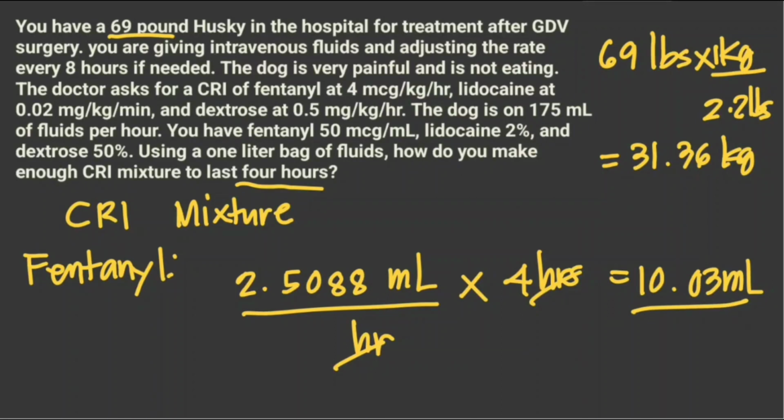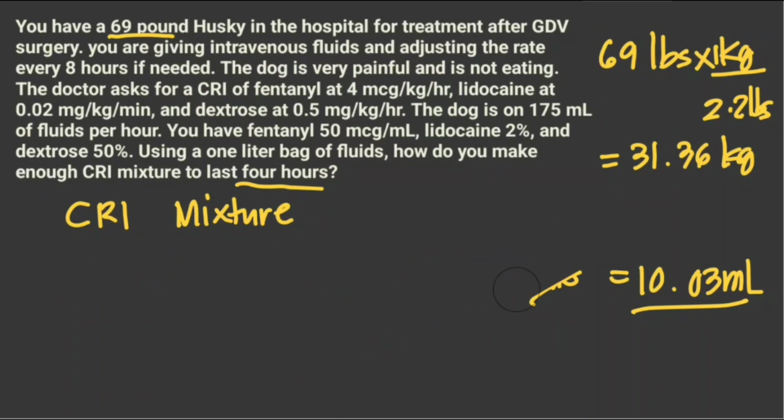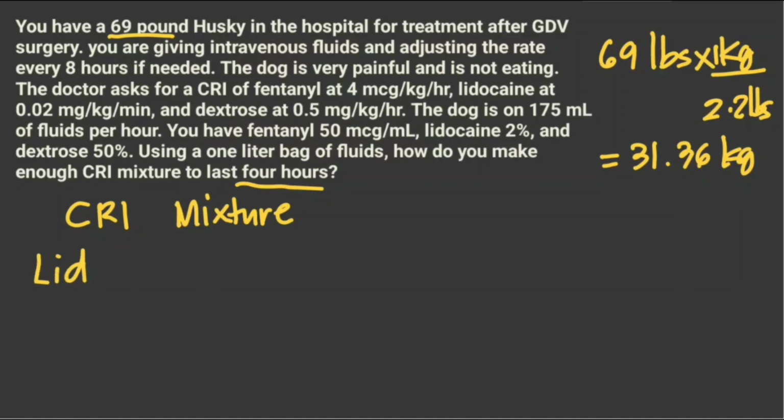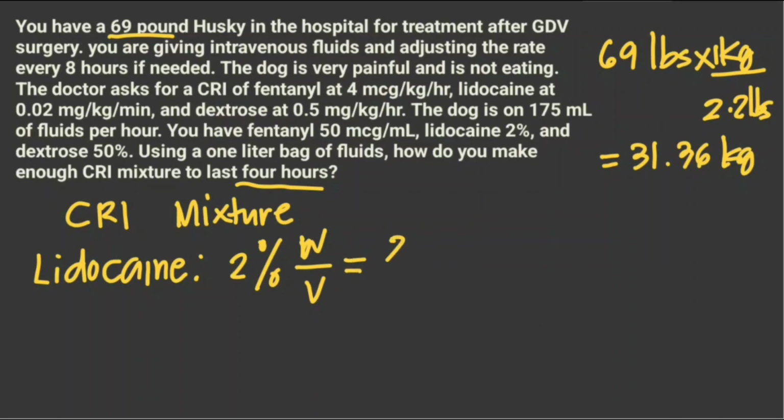Okay, so now let's solve for lidocaine. We're given here a 2% weight per volume ratio. So 2% is equal to 20 milligrams per 1 ml.